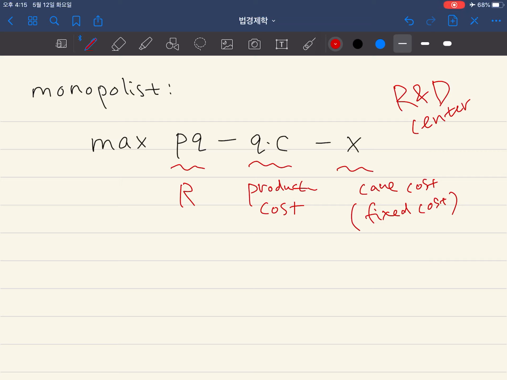Let's say it already rented a building. In that case, it has to pay rent regardless of its production process, for example. So we can imagine this kind of care cost is a fixed cost for this firm.